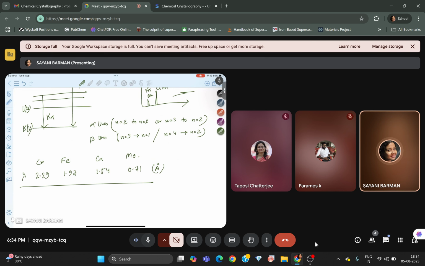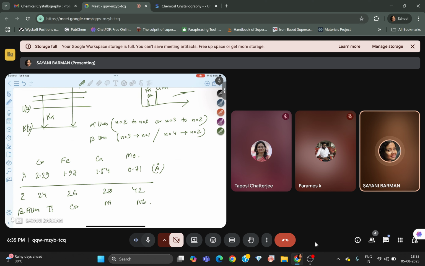The beta filters are mostly of one Z less or one Z plus. If the Z values are 24, 26, 29, and 42, then the beta filters will be Ti in the chromium case, in the iron case, nickel in the copper case, and niobium in the molybdenum case, so that it can absorb the X-ray. So yeah, that's what it does.